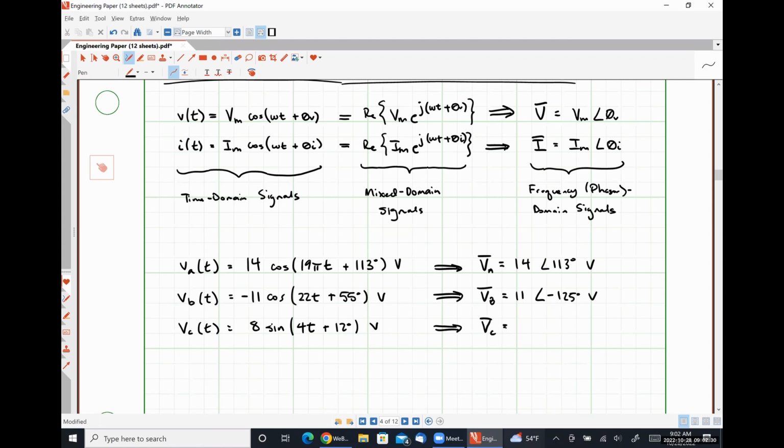So VC would be 8 angle negative 78 degrees volts. That is how easy it is to convert a time domain voltage or current signal into the frequency domain. We make sure we have a cosine function with a positive amplitude, keep the magnitude, keep the phase angle, throw everything else away.